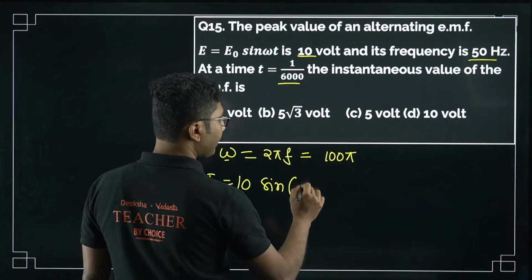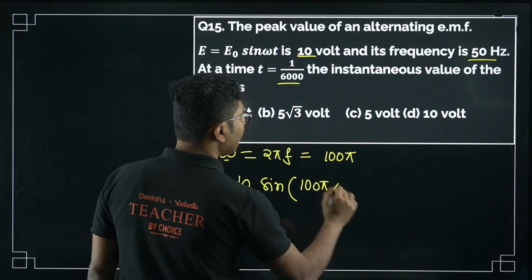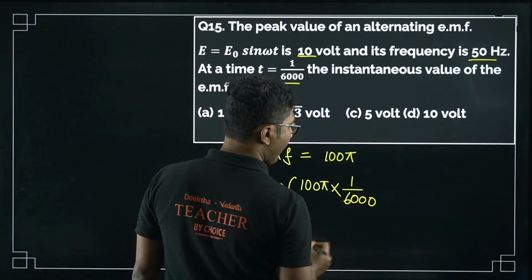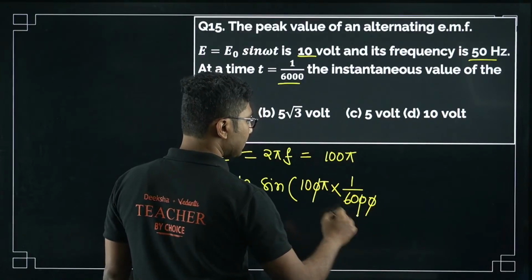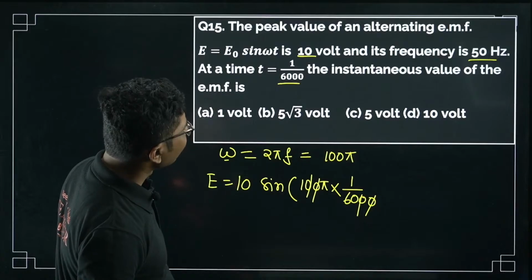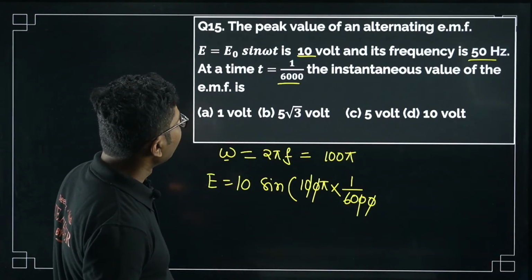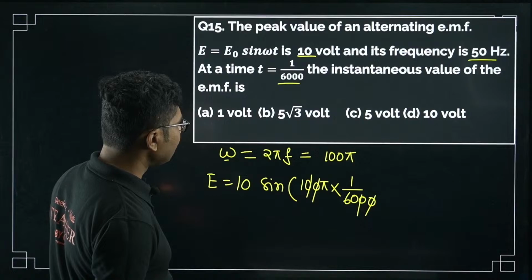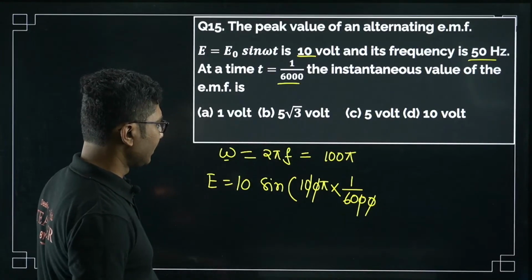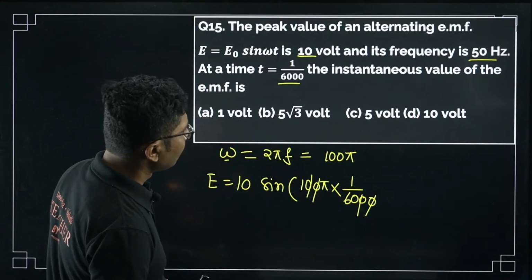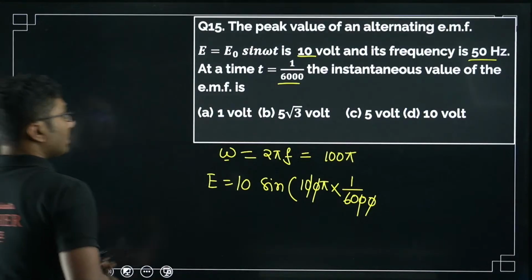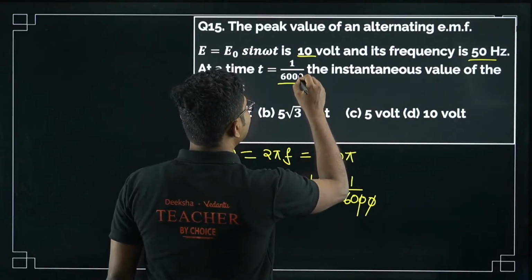Omega's value is 100 pi and t is given as 1 by 600, so it cancels. I think there was one mistake here: it will be pi by 6, not pi by 60. It should be 1 by 600, not 6000.